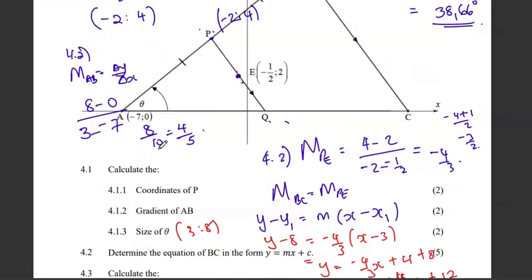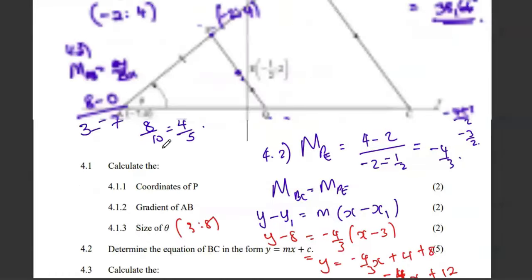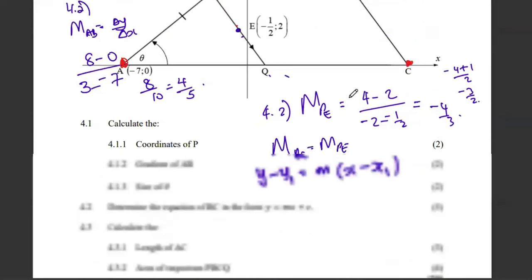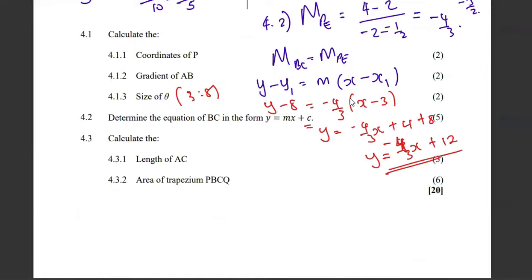And then 4.3, calculate the length of AC. Okay, so we have this coordinate. We only need the coordinates of C. But we know that C is the x-intercept where y must be 0. So let's replace y with 0 there. So 0 is going to be negative 4 over 3x plus 12.